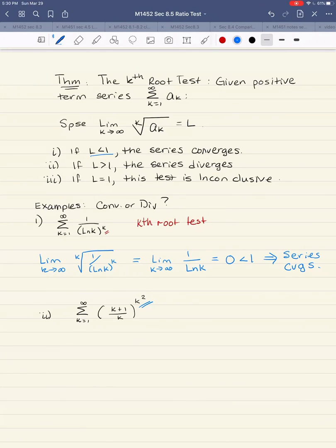In the second example, I've got a k squared on everything as the power. So there's a power of k. Let's do the kth root test. Let's take the limit as k goes to infinity of the kth root of k plus 1 over k to the k squared.